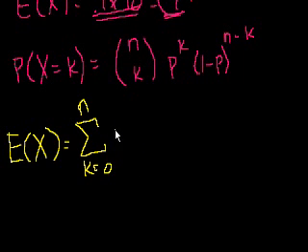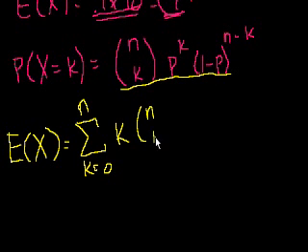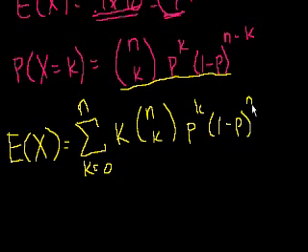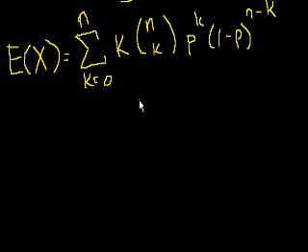And for each of them, you want to multiply k, the outcome, so I made k shots, times the probability that I make k shots. Well, what was the probability that I make k shots? That was this right here. So it'd be k times n choose k, times p to the k, times 1 minus p to the n minus k. And now we're just going to do some algebra, some sigma algebra, I guess you could call it.